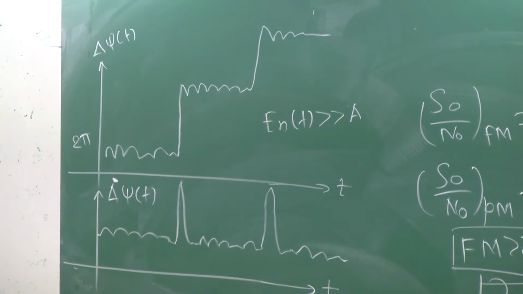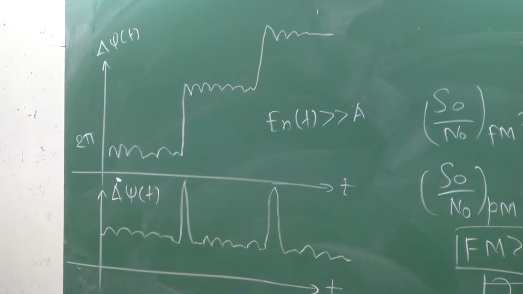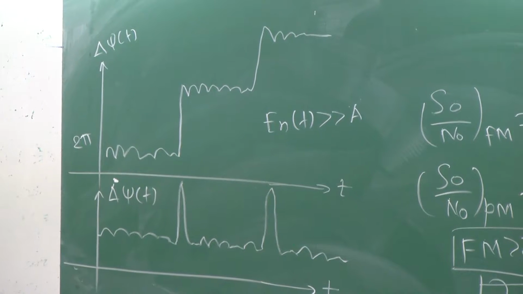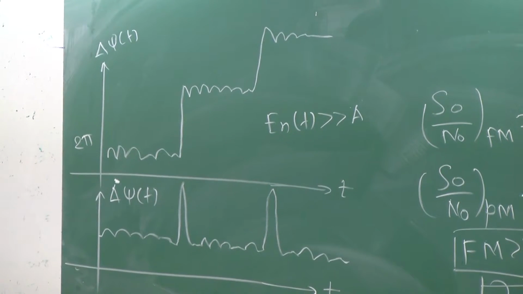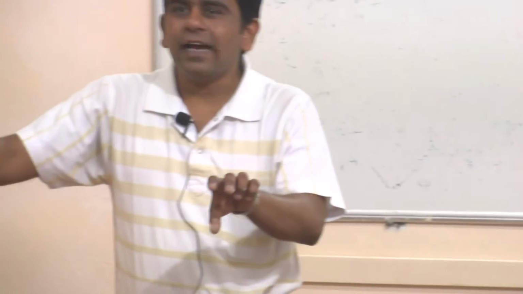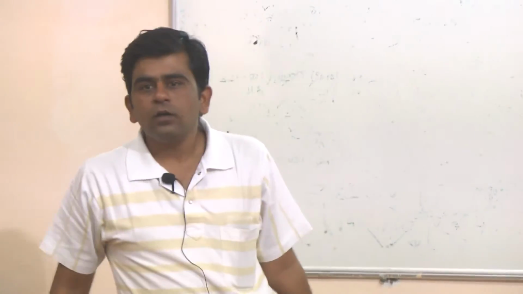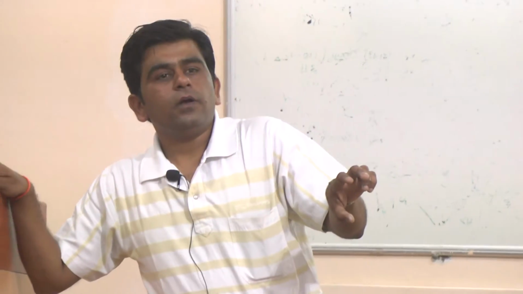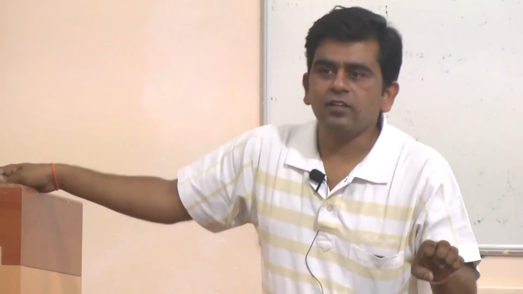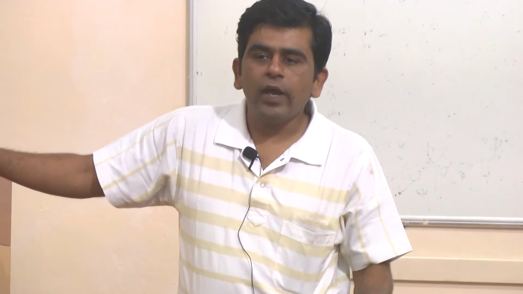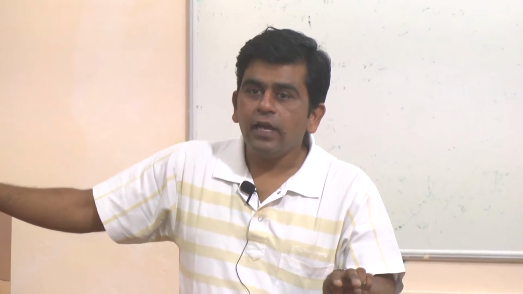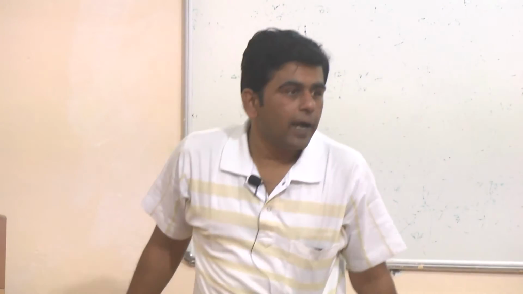For the small noise case, delta psi(t) is less than 2 pi, so we can say the variations of delta psi(t) are limited. When the noise envelope amplitude is larger than the message envelope amplitude, the variations of delta psi(t) are in terms of 2 pi.